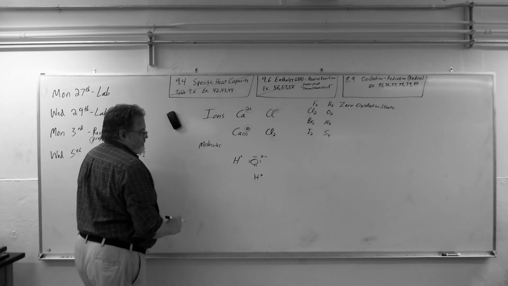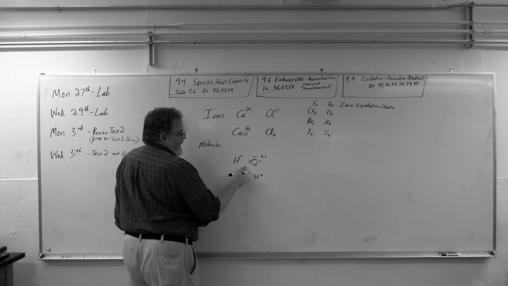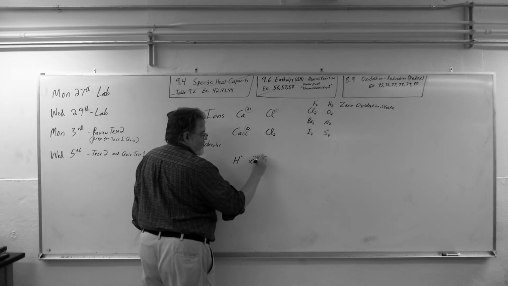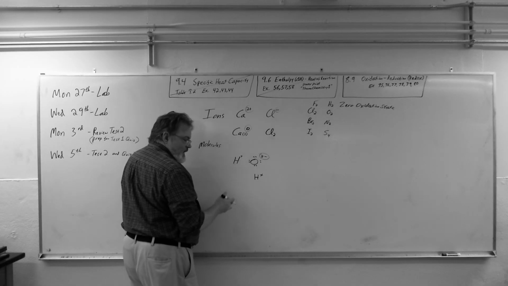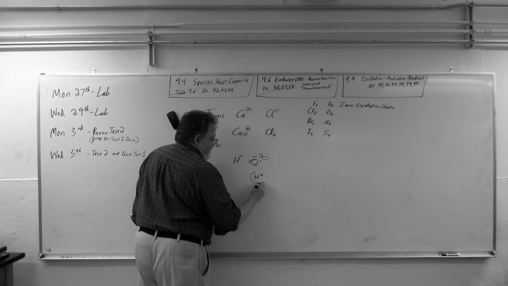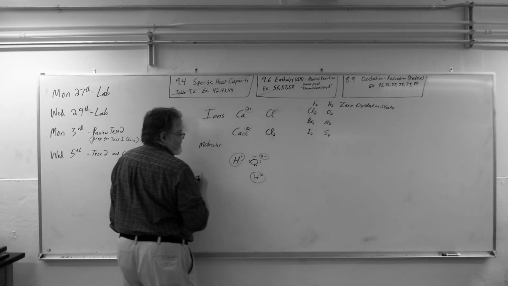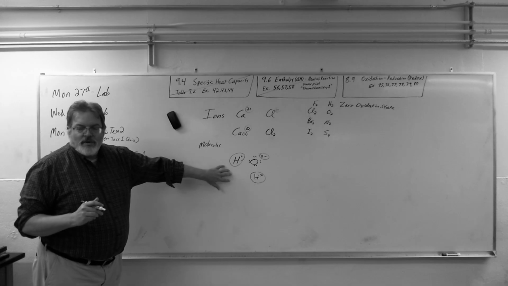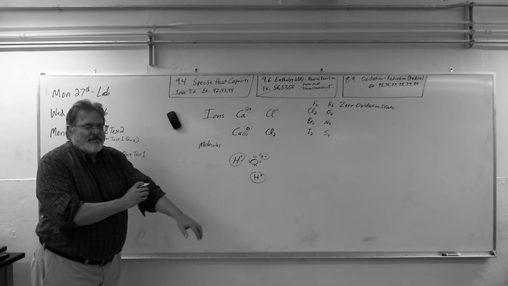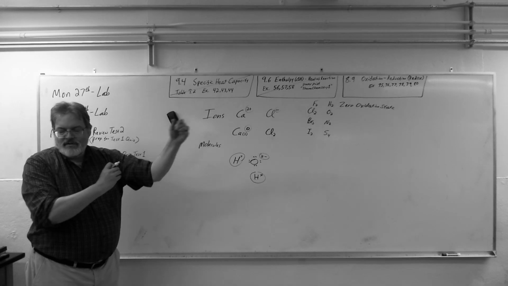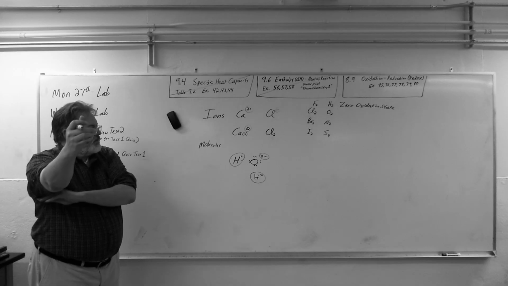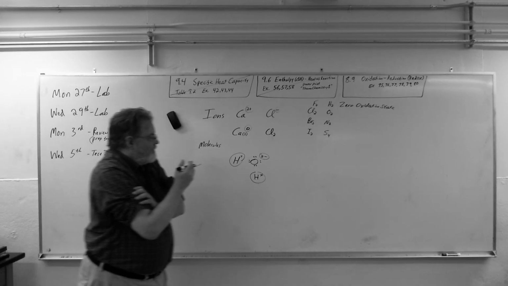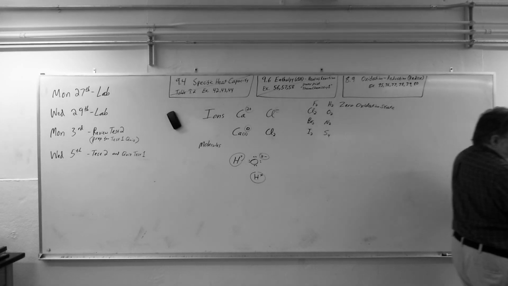I mean, this is showing oxygen has gained 2 electrons, so its oxidation state is 2 negative in H2O, and hydrogen shows that it has lost an electron, so it's positive. But this is not really the way we do it. I just want to give you an idea of what this bookkeeping game we're doing is actually doing to a molecule. There's just a set of rules you follow, which is what I've got in here.